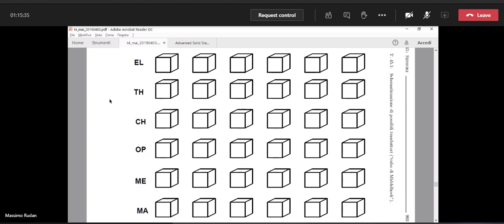So the classification starts by considering that the signals to be detected could be of different type. For instance, electric, or maybe thermal, or maybe chemical, or optical, or mechanical, or magnetic.